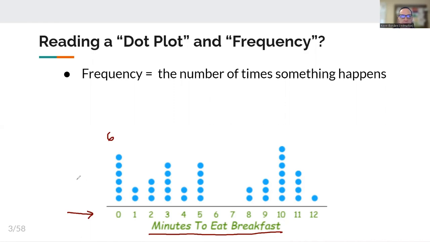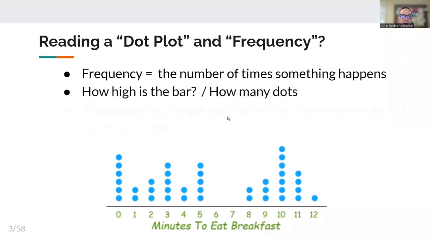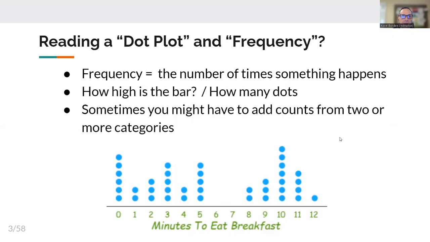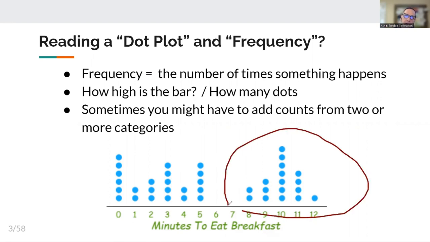And we could ask a bunch of questions from this chart. Let's see what kind of question I had here. Oh, I didn't actually have a question for this one, but let me make one up. Let's say that I asked the question, how many people spent more than 7 minutes eating breakfast? We would look at this chart and we would say, well, all of these are more than 7 minutes eating breakfast.